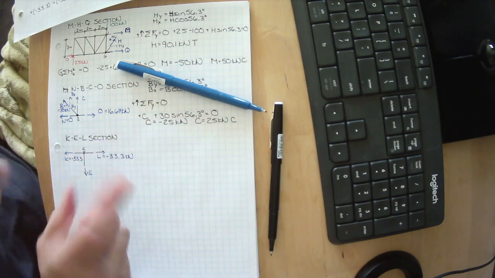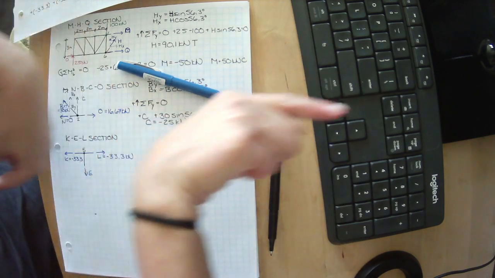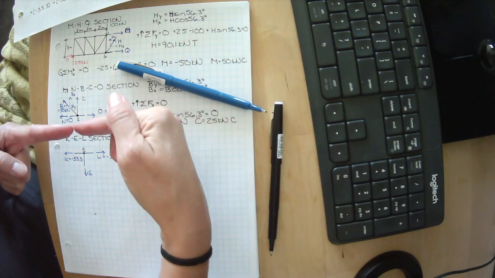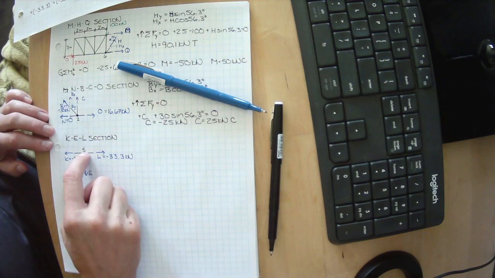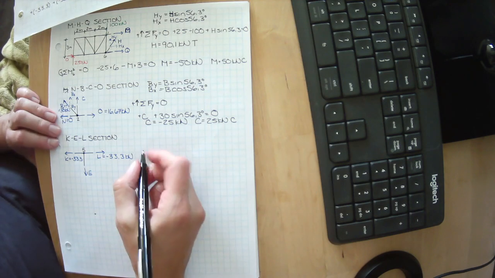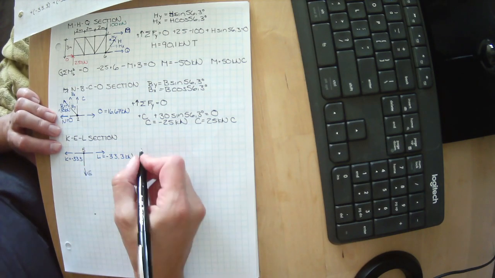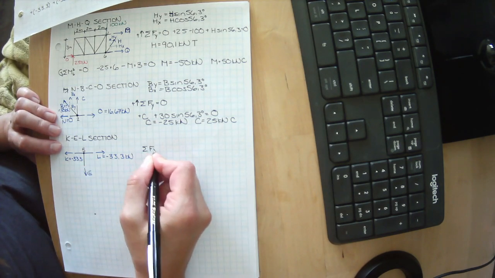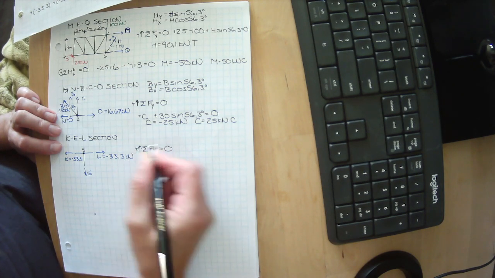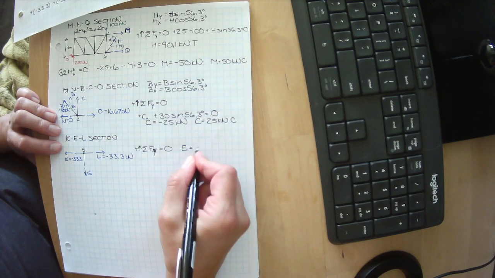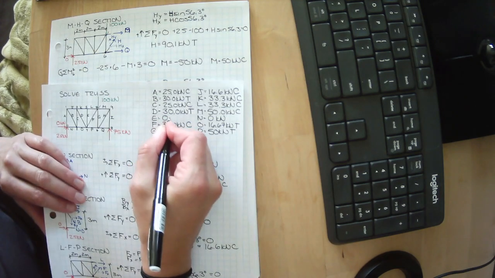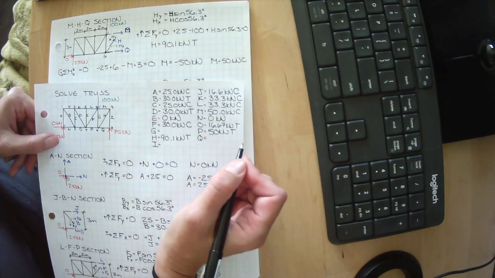Basically, we have two forces both pushing in on this node with 33.3 kilonewtons of compression. There's nothing else acting here. The sum of the forces in the y direction, where everything upwards is positive, E equals 0. Well, that one was nice and easy. E equals 0 kilonewtons.